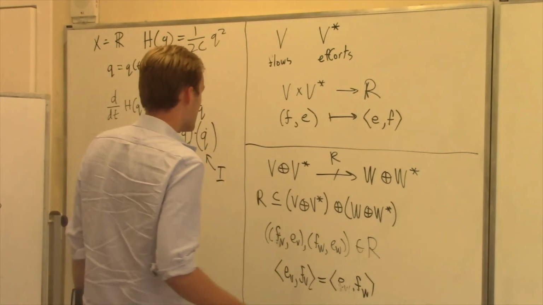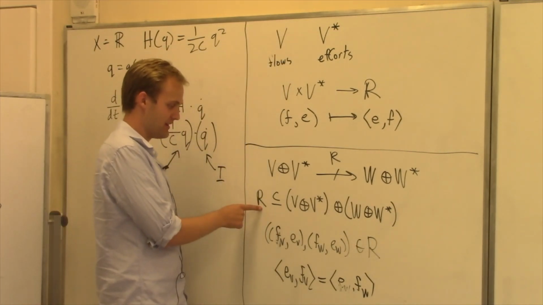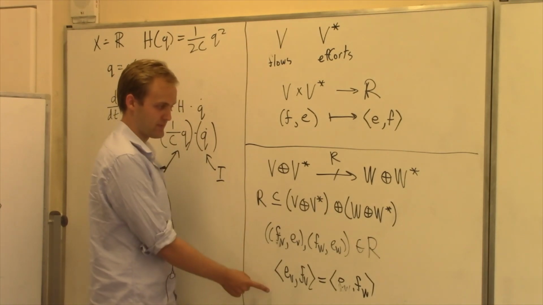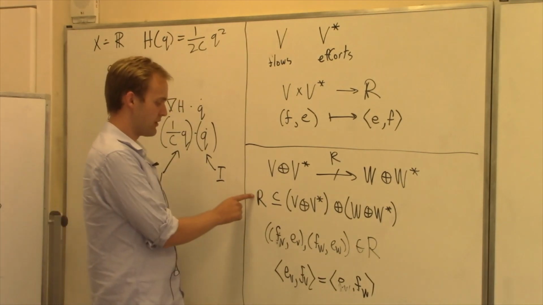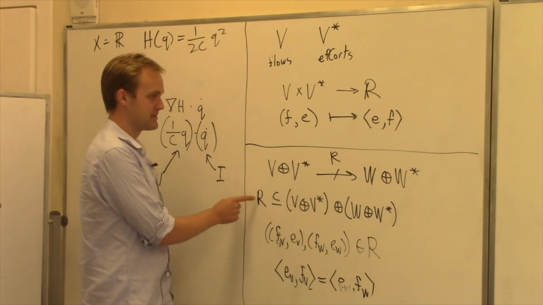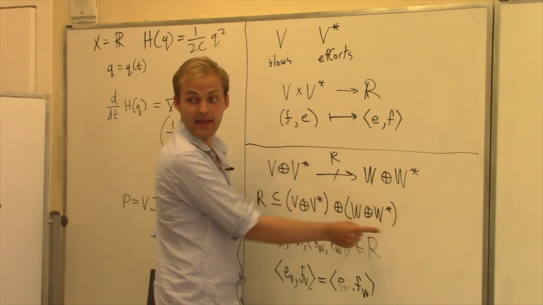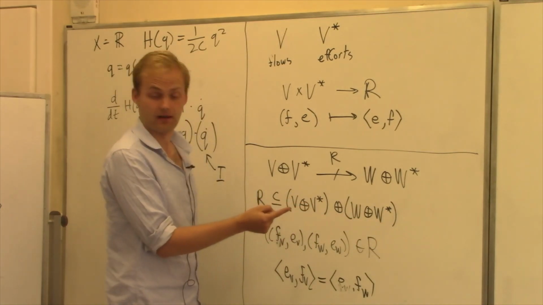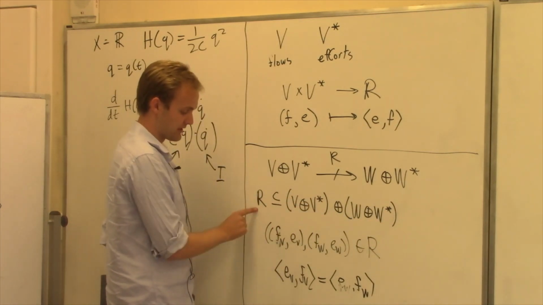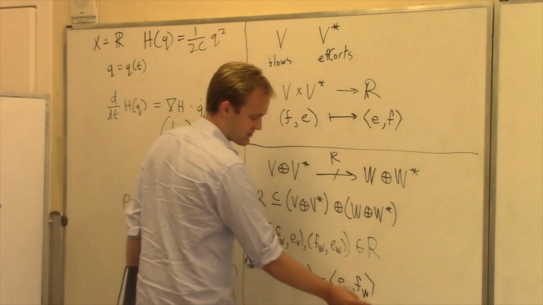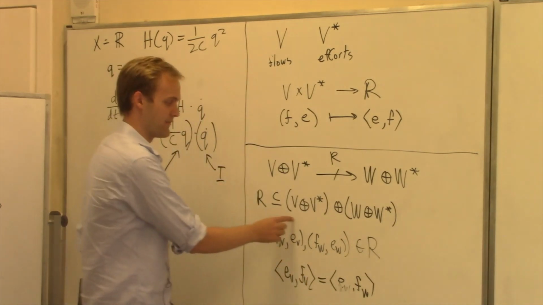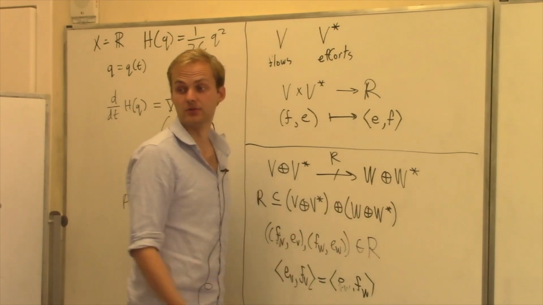And you can prove that if a relation is maximal with respect to this constraint, then the dimension of the relation is half of the dimension of this whole space, and vice versa. If a relation satisfies this constraint and has dimension half of this space, then it is maximal.